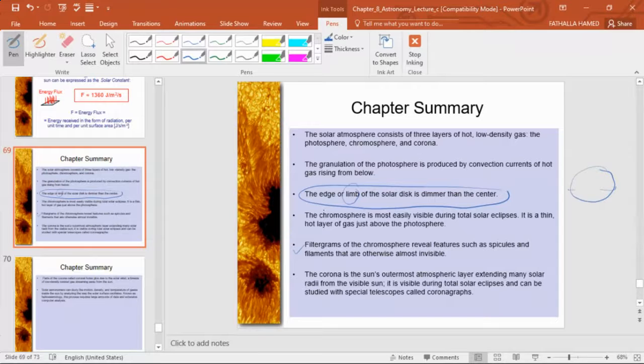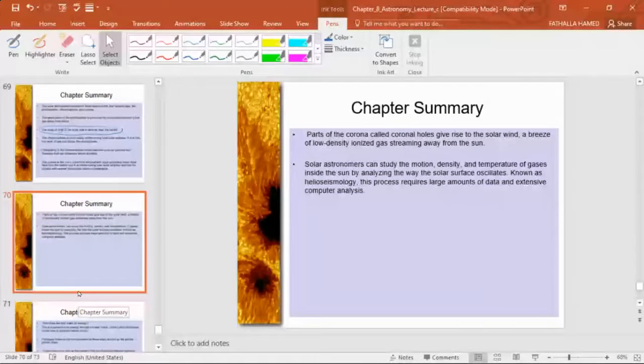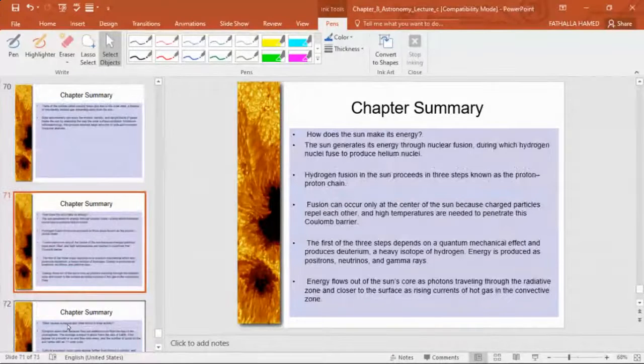Then we use filtergrams to look at the chromosphere, and we talked about the corona, and then we talked about helioseismology. In the last lecture, we talked about nuclear fusion and how the sun produces its energy, and about its proton-proton chain, because it is only concerned with the nucleus. The electrons have no role in this. We're only concentrating on the protons inside the nucleus, and in the process you're producing gamma rays and energies as well.